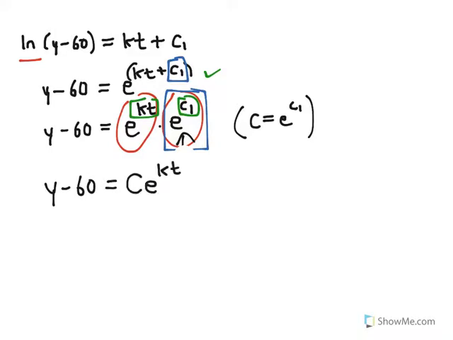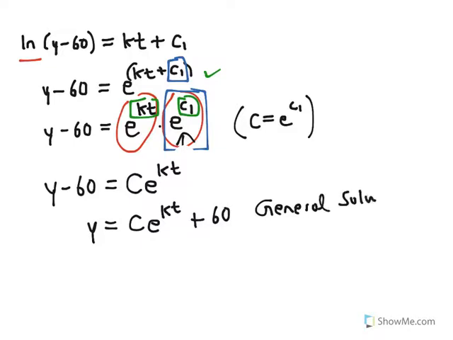And of course, we want to get y by itself. That's representing the temperature of our object. And all we have to do now is add 60 to both sides of the equation to isolate y. And what is this? This is our general solution of the differential equation, which is Newton's law of cooling.